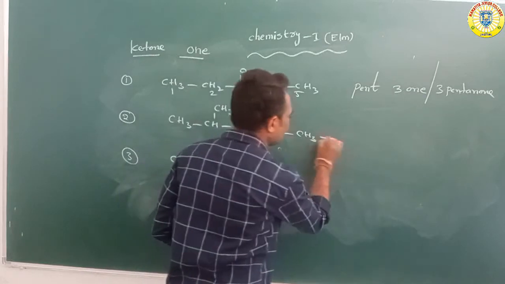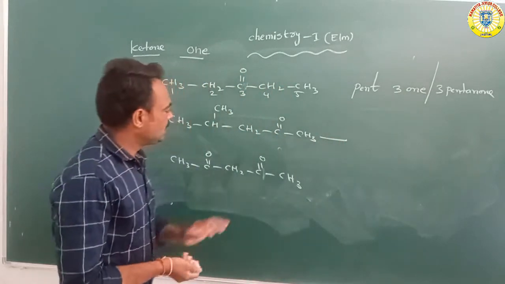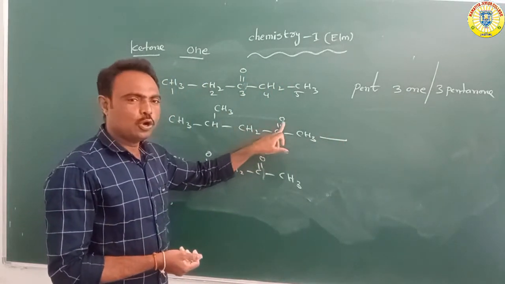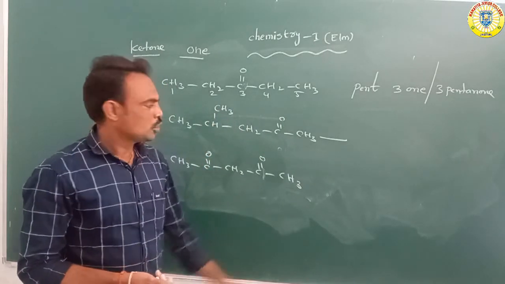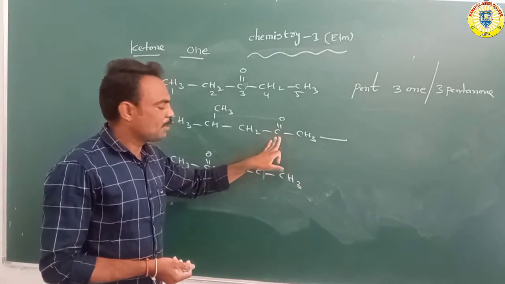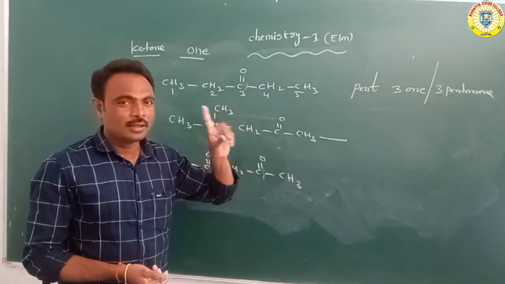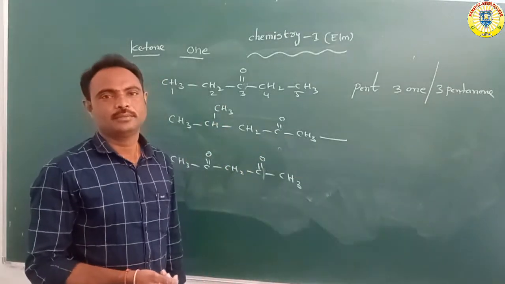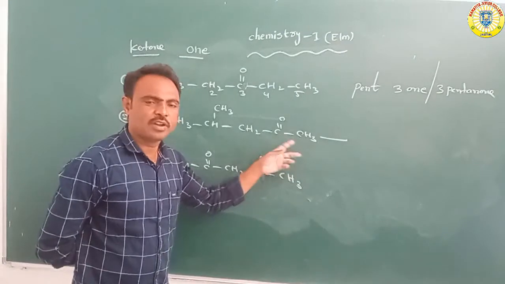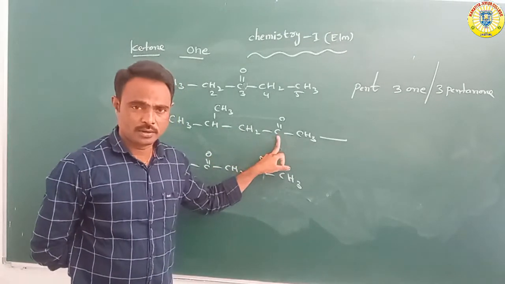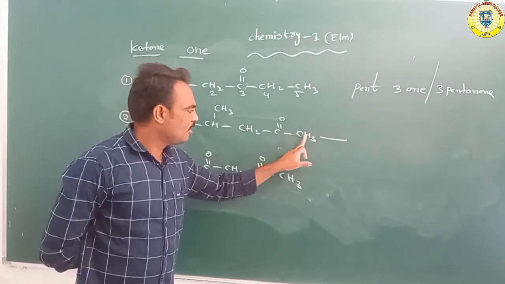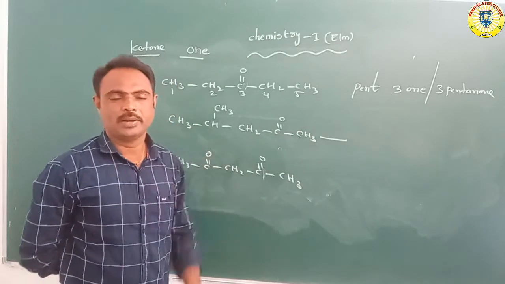Suppose next, it is attached with the ketone group and at the same time a methyl group. So first we give the number from which side? The functional group side. From the left side 1, 2, 3, 4, the fourth carbon; from the right side 1, 2, the second carbon.